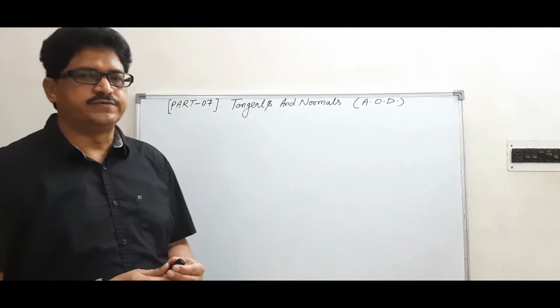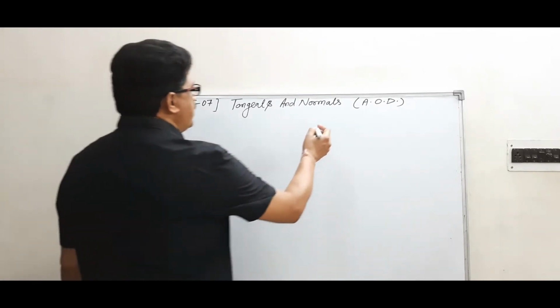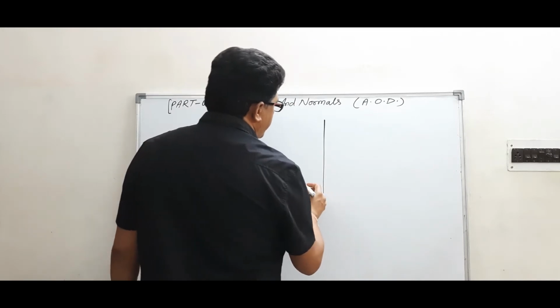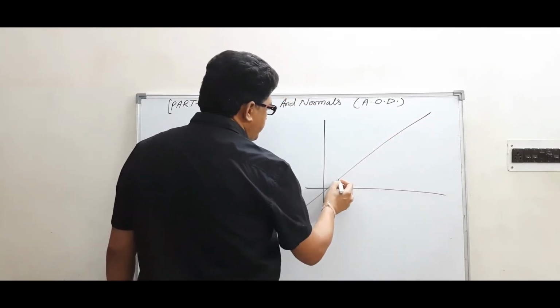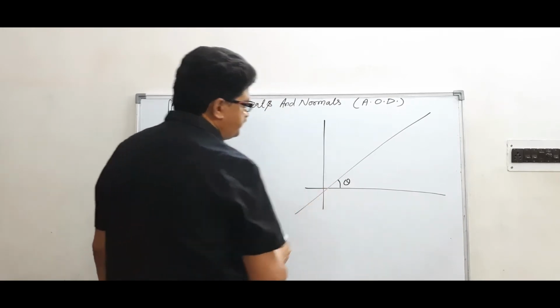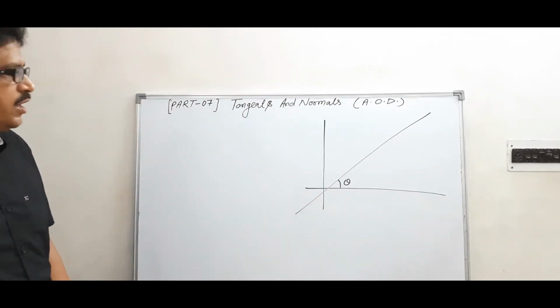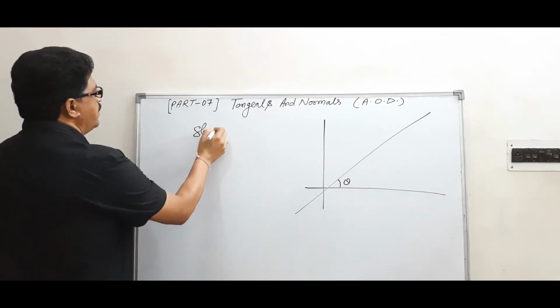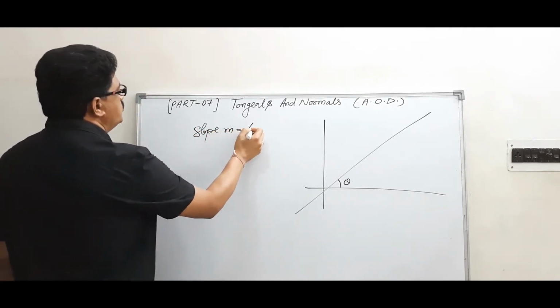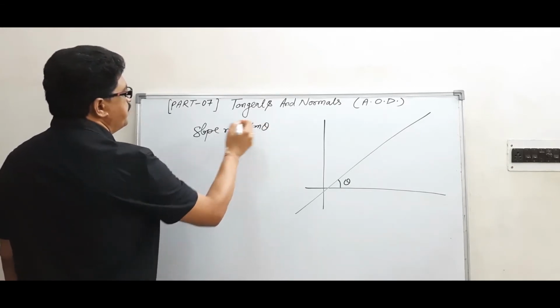All of you know that slope of a line, if a line makes angle theta with the x-axis, then slope m is equals to tan theta.